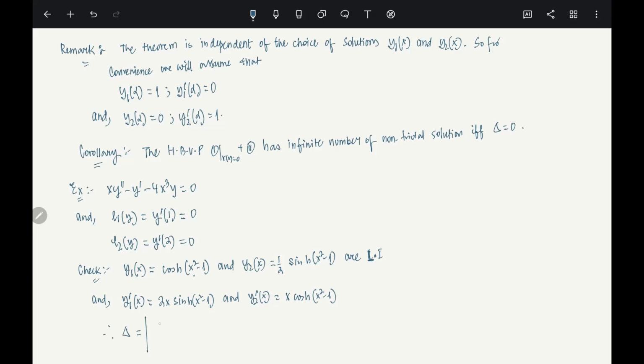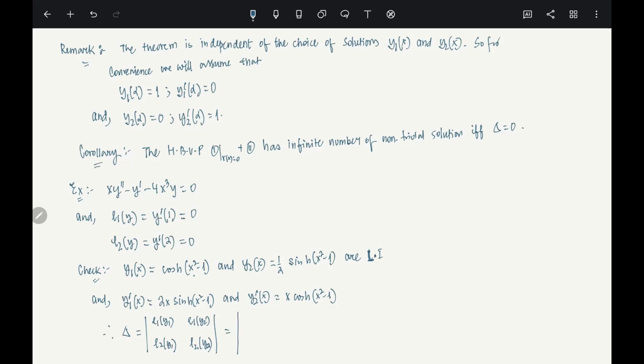Delta is nothing but the determinant of L1 of y1, L1 of y2, L2 of y1, L2 of y2.